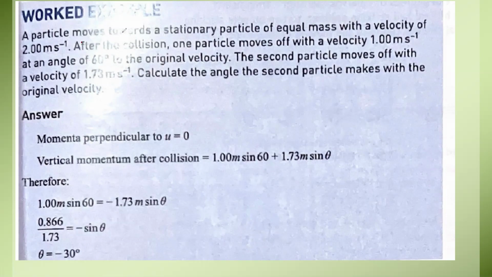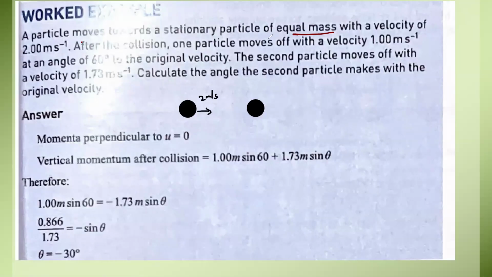A particle moves towards a stationary particle of equal mass with a velocity of 2 meters per second. So we have two particles of identical mass. This object is moving at a velocity of 2 meters per second.